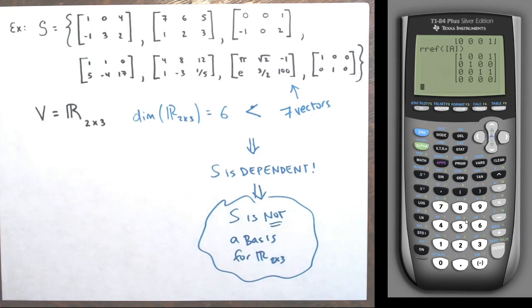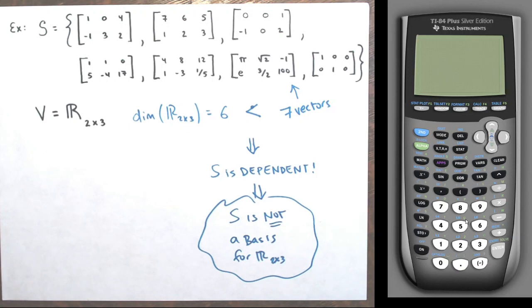And just remember what it means for a set to be a basis. It's got to span the vector space and also be linearly independent. You can think of a set that is a basis for a vector space as the building blocks for that vector space.